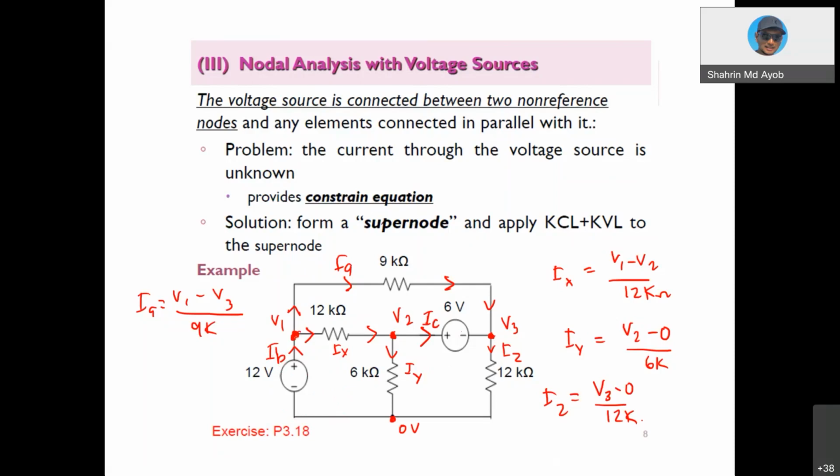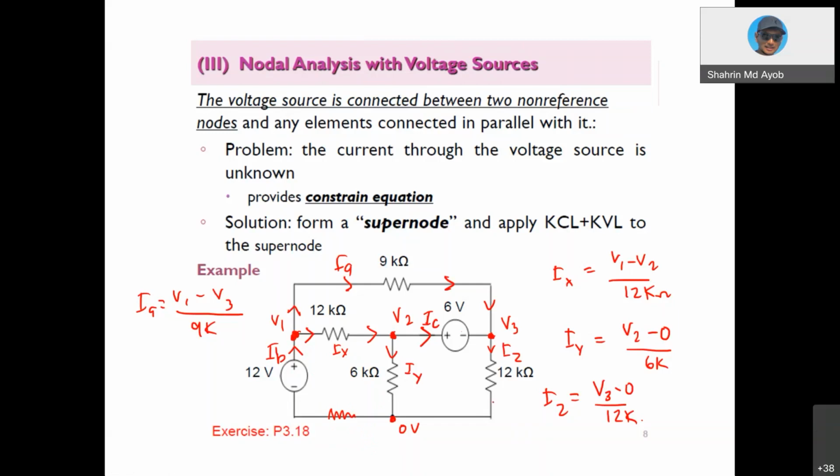At this branch, we only have a voltage source connected. It's not possible, unless inside this you have a resistor. Then it's okay. But right now, inside this branch, you have only a voltage source, so it's not possible.